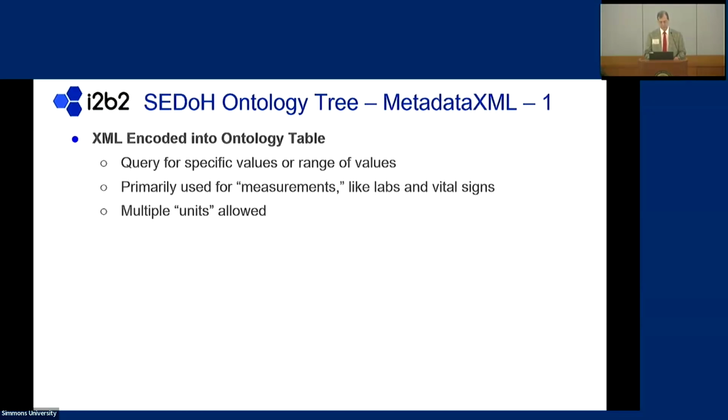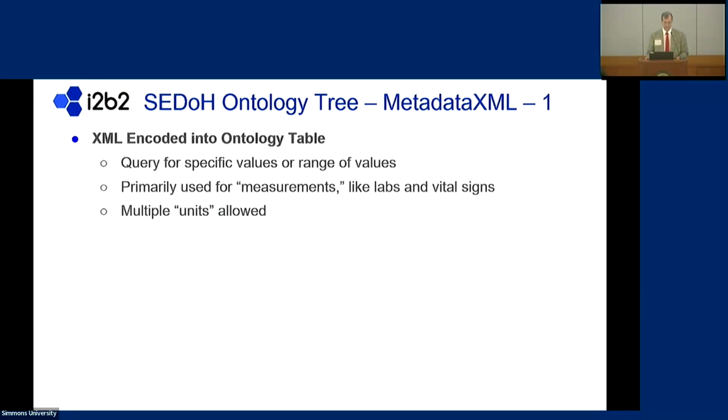Okay, now I'm going to switch gears a little bit because there's something else that Michele wanted me to talk about, and that is something that strikes fear in the hearts of us programmers, but it's just called metadata XML. And what is metadata XML? You'll find this in the ontology database. It's XML encoded into the ontology or metadata table.